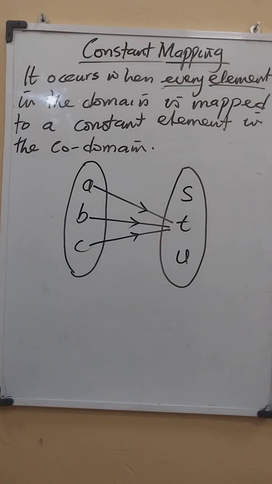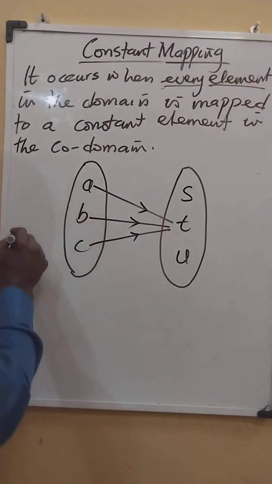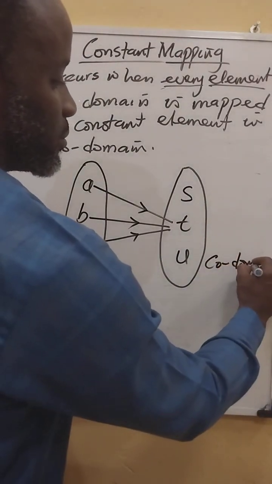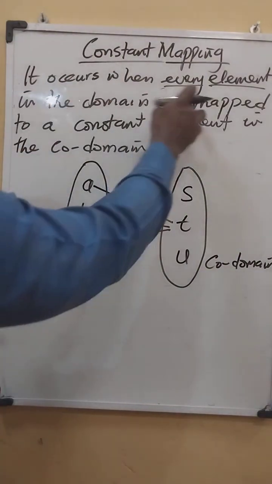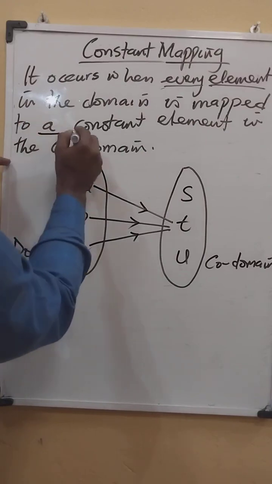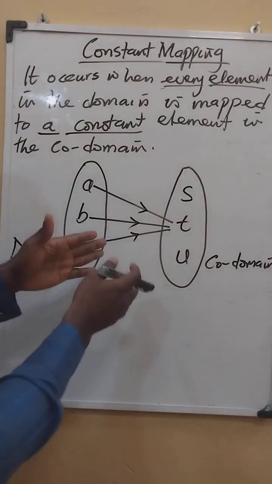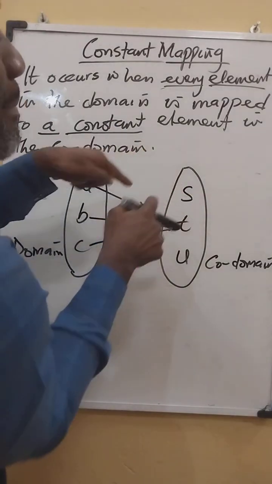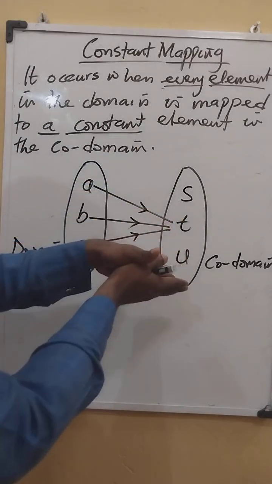That is constant mapping. So every element in the domain is mapped to a constant element. This is the constant element. So A, B, and C can decide we are mapping only S, or A, B, and C can decide we want to map only U. Did you get that now?